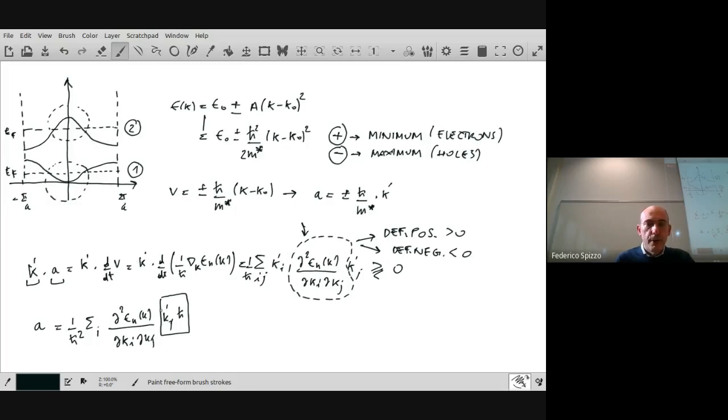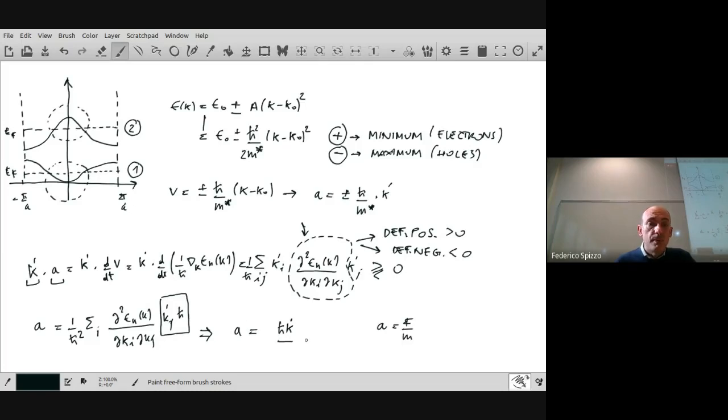So if we now rewrite this in a compact way, we have that the acceleration is equal to something that for the moment I will not label with any symbol times h bar k prime. If you remember the second law of dynamics, acceleration is equal to force divided by the mass.